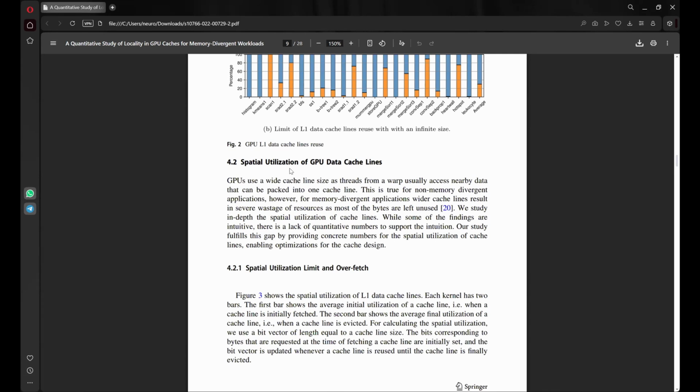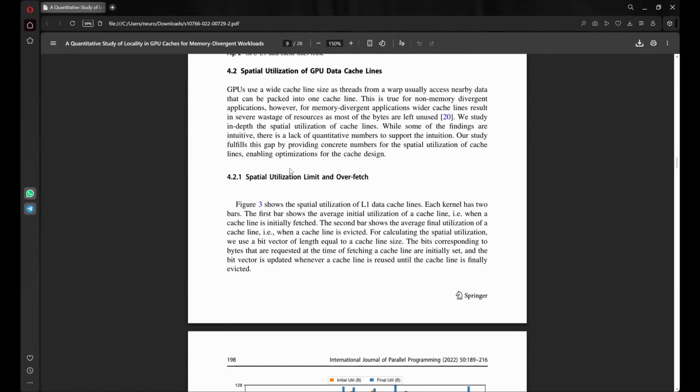To go on, one of the things they try to quantify is spatial utilization. How they do this is they look at when a cache line is brought in, what is the initial utilization? We know that for GPUs, or at least in this paper, there's 128 bytes of cache line.